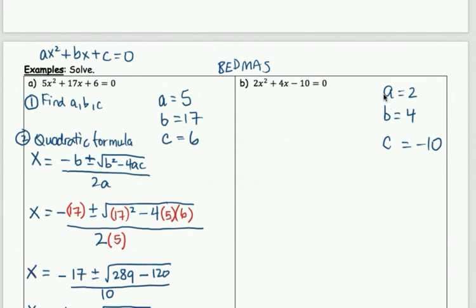So that's an advantage, I guess, if you wanted to do that. All right, so again, I'm just going to keep it similar to what I did here so that it's not too overwhelming when you're learning this. So again, you're finding A, B, C, right? List them off. That's +2, that one's +4. This is -10. Make sure you bring that negative along, okay? All right, now we're going to use the quadratic formula.